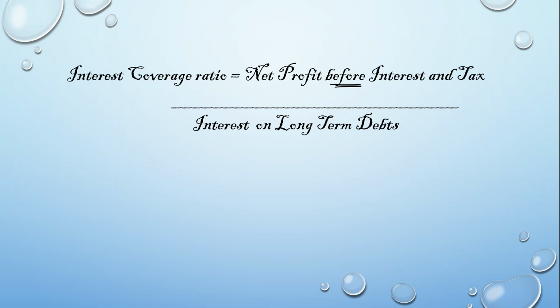So please do not directly substitute that net profit here. We will have to work out this amount with the available data. And interest on long-term debt would be that particular percentage I highlighted, 12% will be calculated on that long-term debt, which was 20 lakh. That interest would be taken here. So now that you have clarity of this formula, let's go and solve the question.